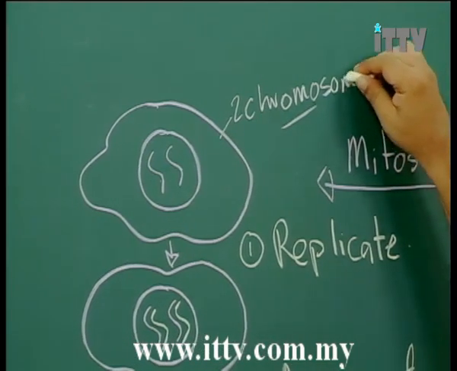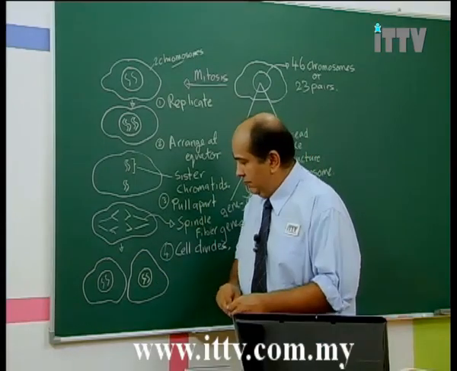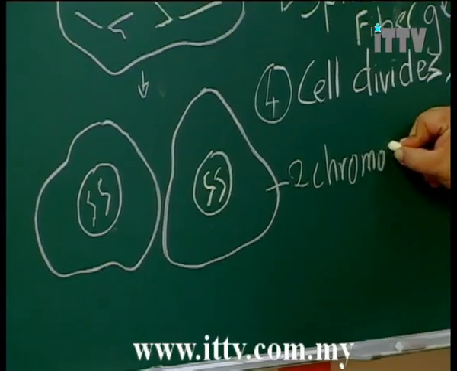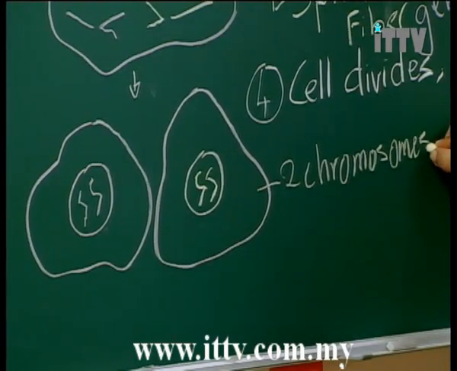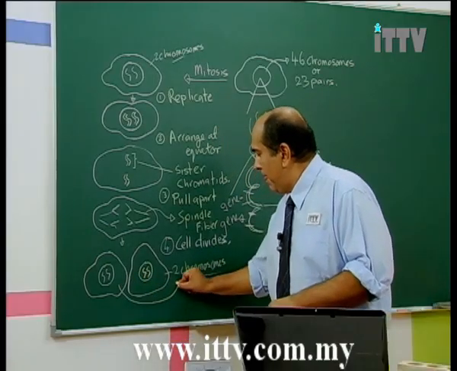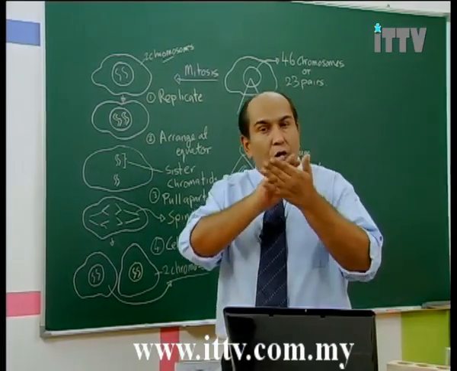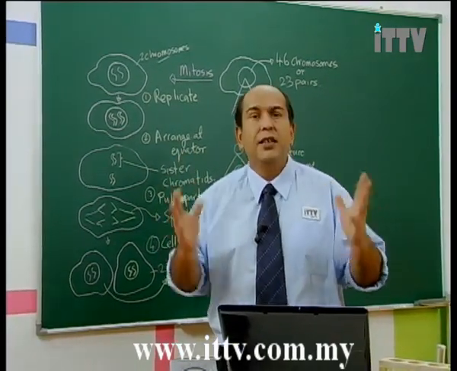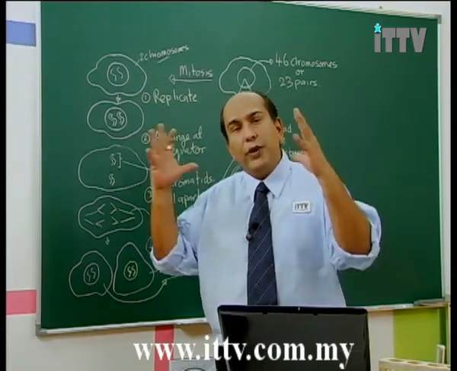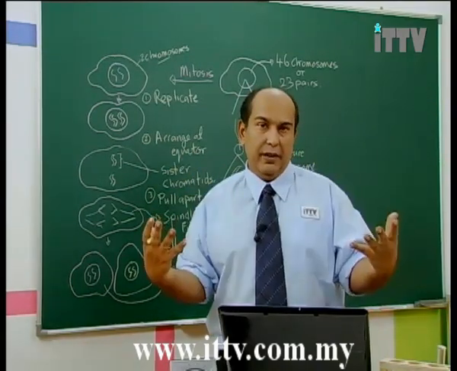Okay, this looks like an N rather than an M. And down here, our product, two chromosomes, and this one also two chromosomes, identical. That means there is no variation, no difference between the cells. They are exactly the same because we need them for the same function when we are growing or repairing.